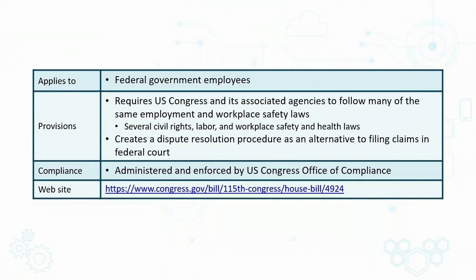Previously, agencies in the legislative branch had been exempt from these laws. The Act also established a dispute resolution procedure as an alternative to filing claims in federal court. The Act is administered and enforced by the United States Congress Office of Compliance.